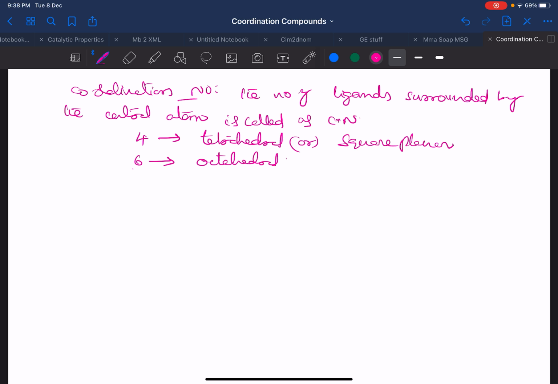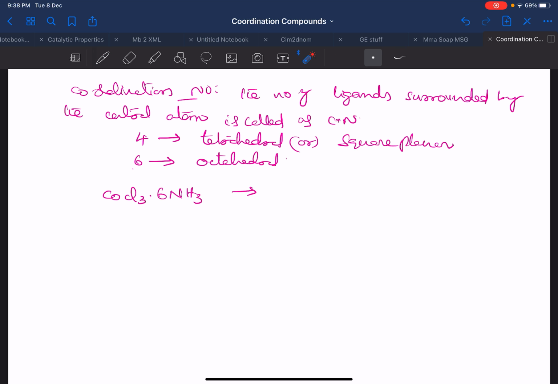So next one, for example, he explained these coordination complexes by taking a simple example that we have already known, CoCl3·6NH3.